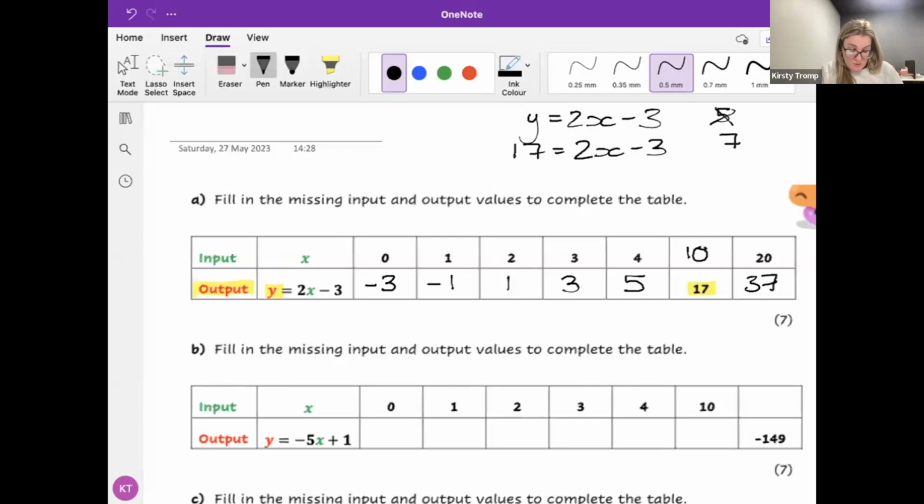So that also doesn't work. So then I said, let's try 10. 2 times 10 is 20, and 20 minus 3 is 17. So it was kind of like a process of elimination.